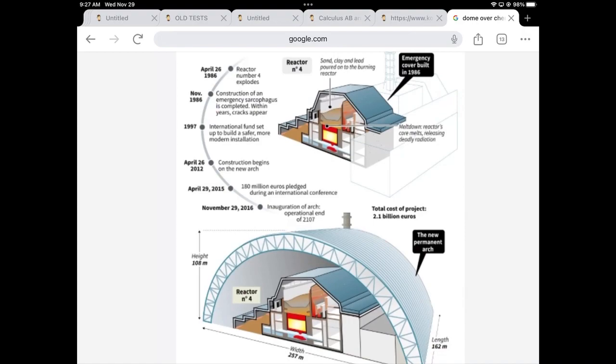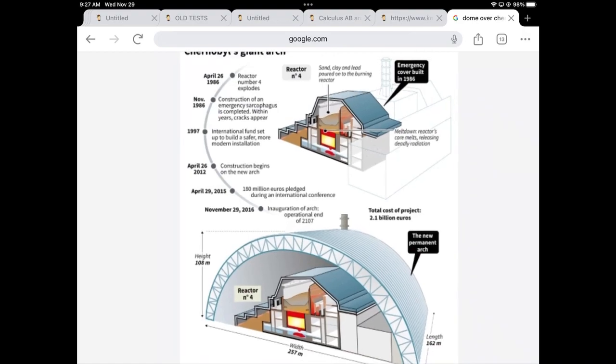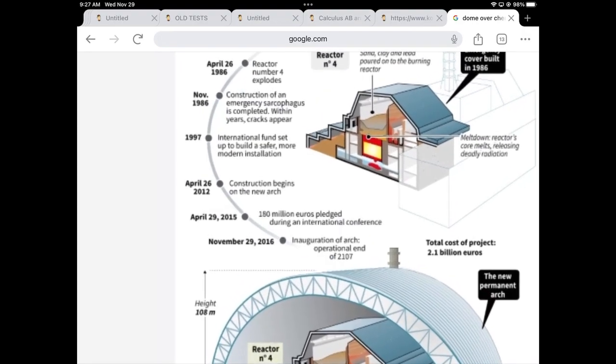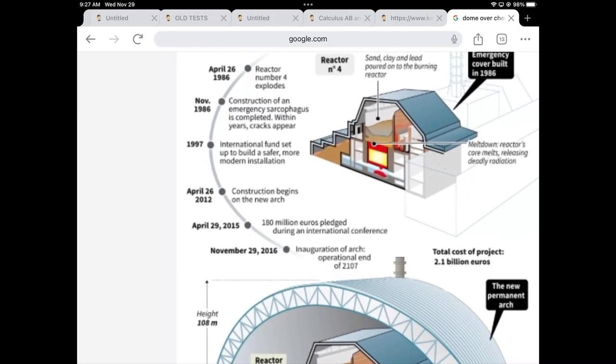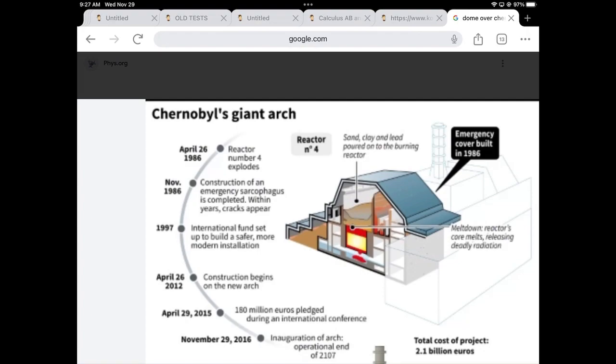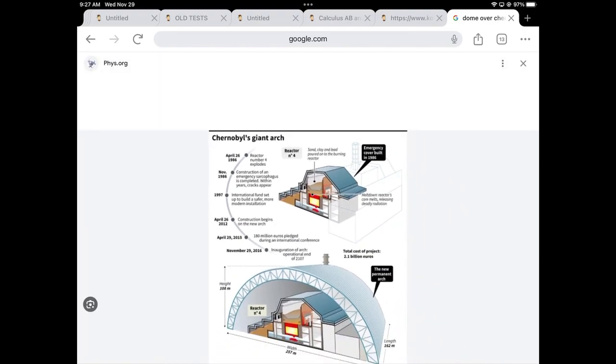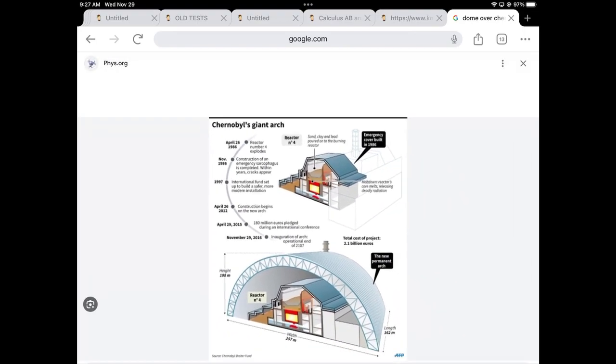But it's not just supposed to be waterproof. That stuff is designed so that the radiation can't permeate or infiltrate. And look at this, I like it. That second layer that we see underneath there, that's the emergency sarcophagus. That's a great word, right? That's what they buried the mummies in. The emergency sarcophagus.